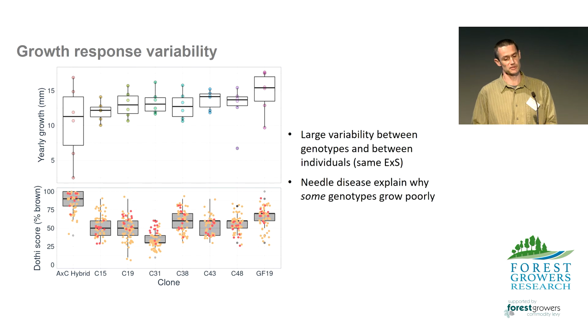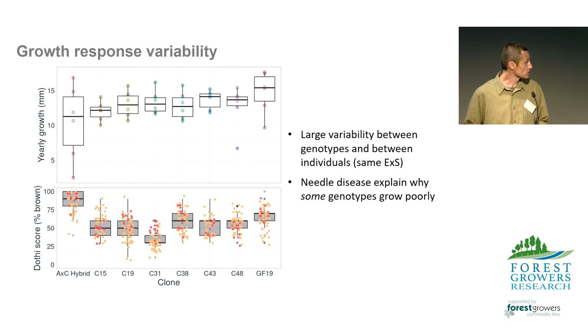We can explain some of the differences between genotypes by their resistance to a pathogen, here Dothistroma. For example, the AC hybrid was very poorly resistant. Almost all the trees were infected to 90% of their foliage, and as a result, the trees in general grew poorly.